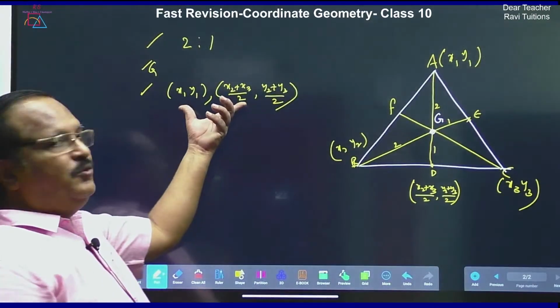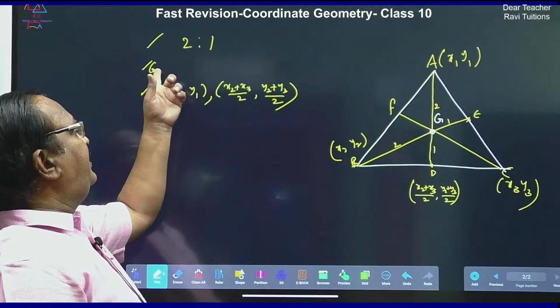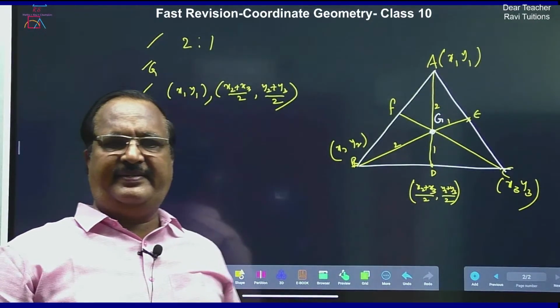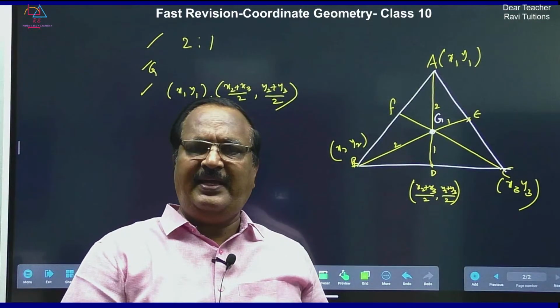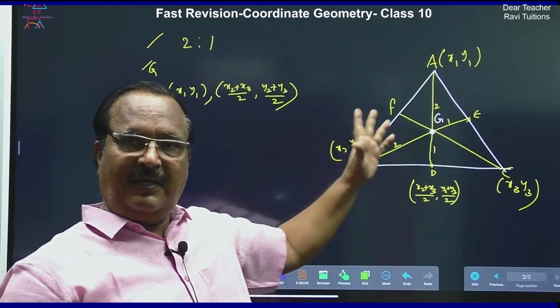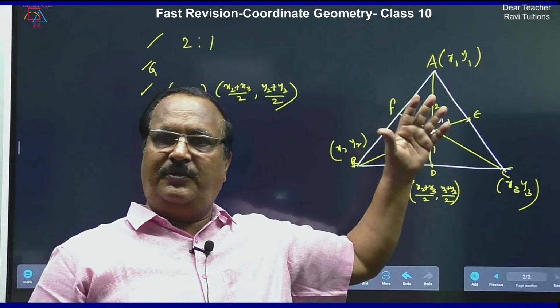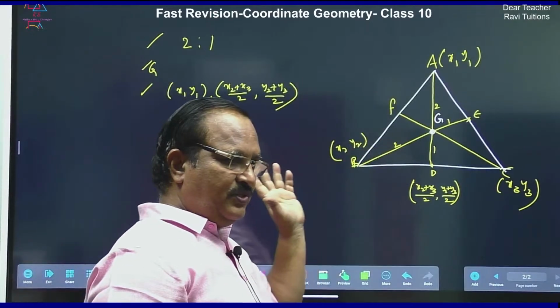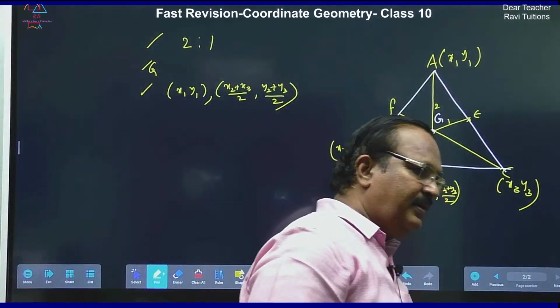So now we have 2 points and the ratio 2:1. You write the formula and apply all these values, and you will get that.